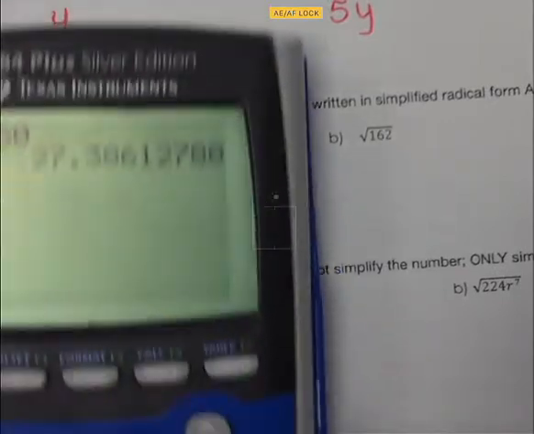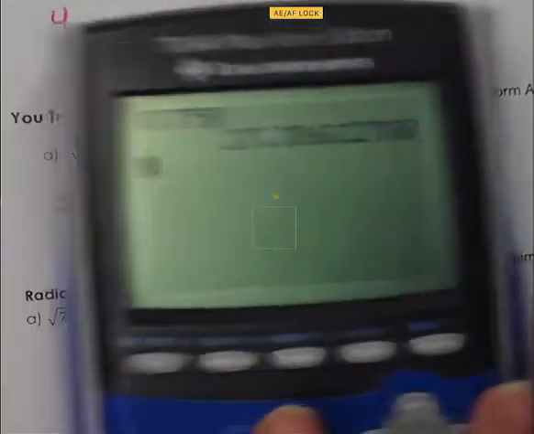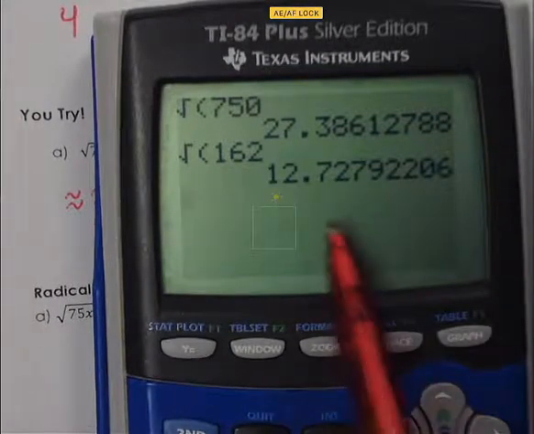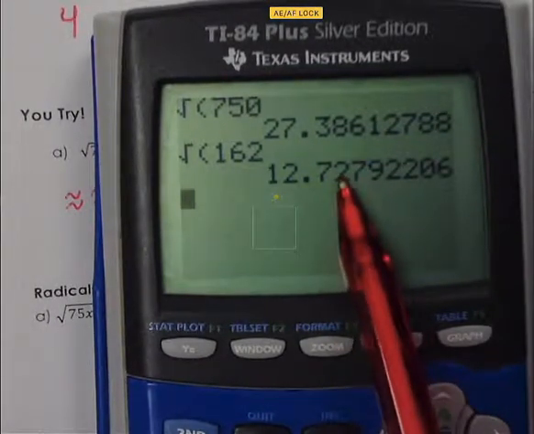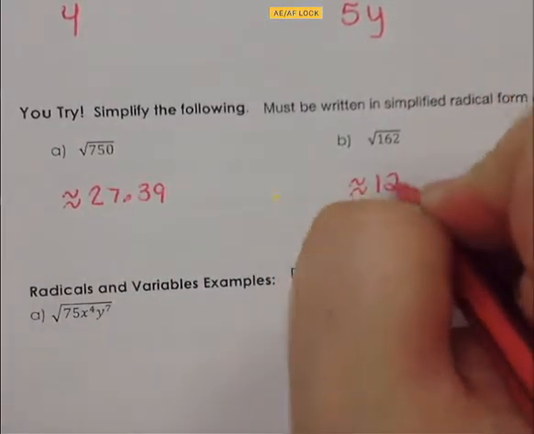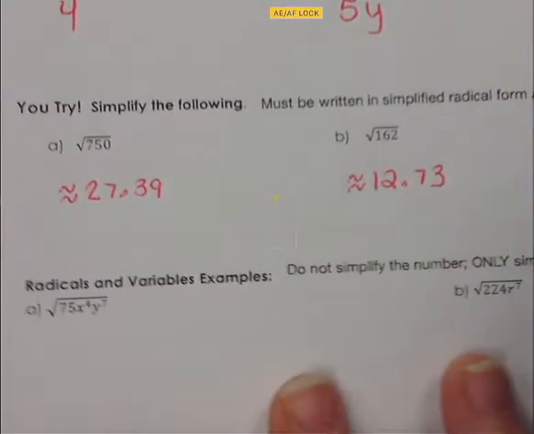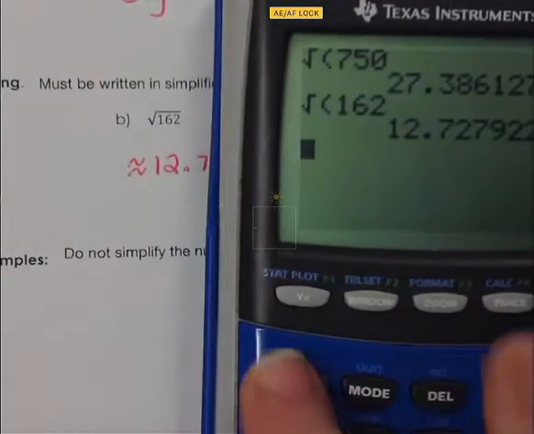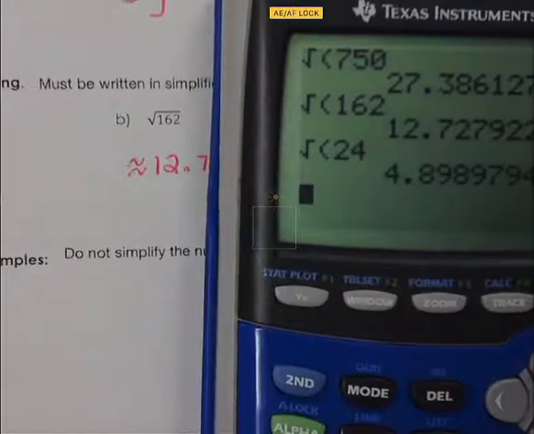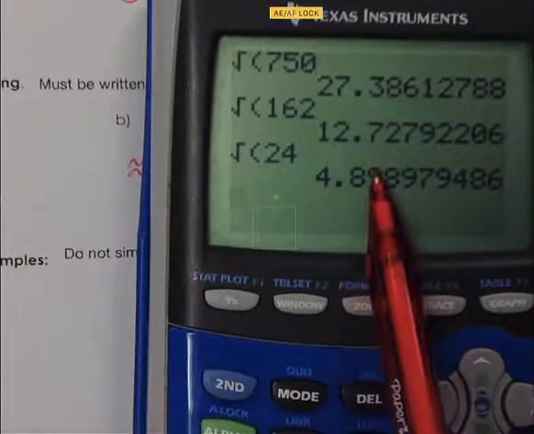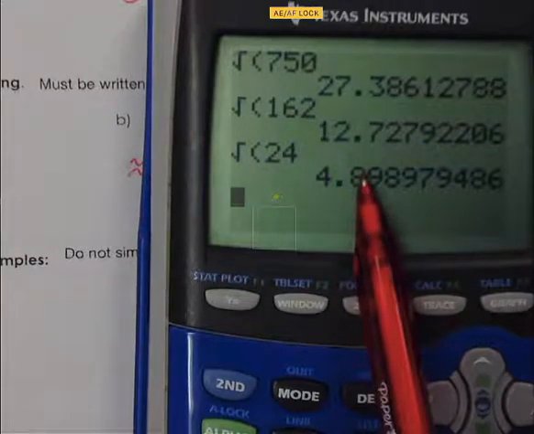For example B, again, I'm just going to get the decimal value, so it's the square root of 162, and it's 12 and 73 hundredths. So approximately 12 and 73 hundredths. Part C, the square root of 24 is 4, and now this 8 makes the 9 go to a 10, which then makes this 8 go to a 9.